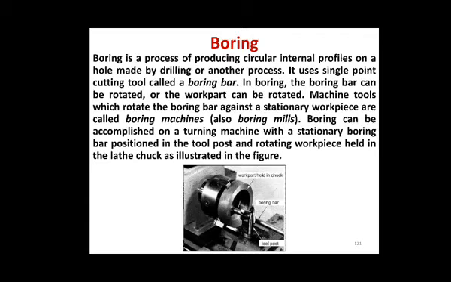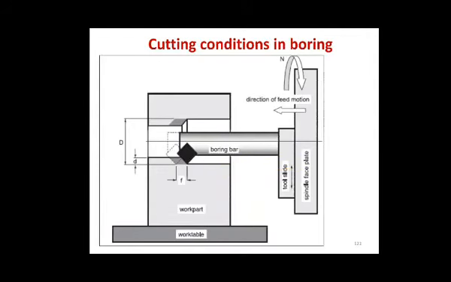Boring, we know, is a process of producing circular internal profiles on a hole made by drilling or another process. It uses a single point cutting tool called a boring bar. In boring, the boring bar can be rotated or the workpiece can be rotated.